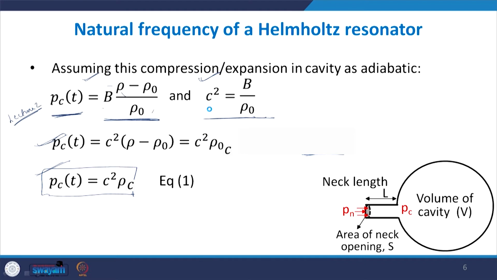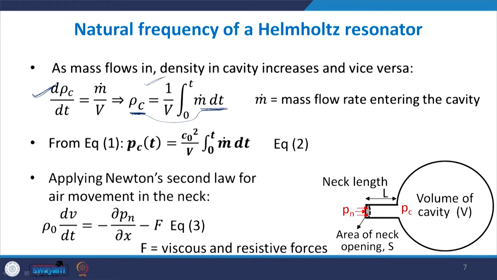And from the last equation we saw that P in the cavity is equal to c square into rho naught. So if we put this rho naught value, P will be c square times the expression for rho naught. So this becomes the equation for the acoustic pressure inside the cavity. We have obtained an expression for the acoustic pressure inside the cavity.